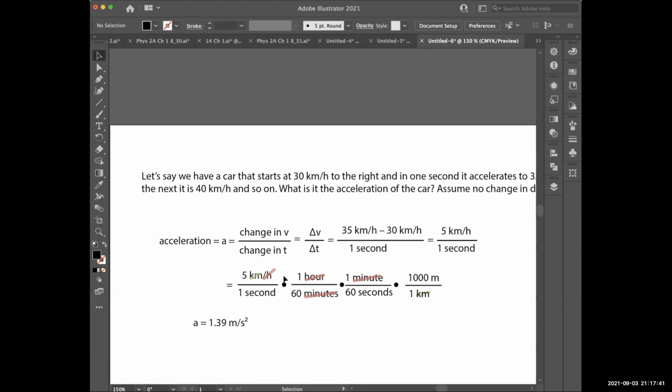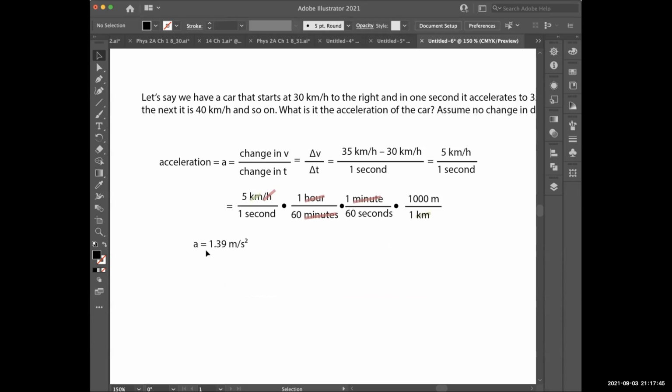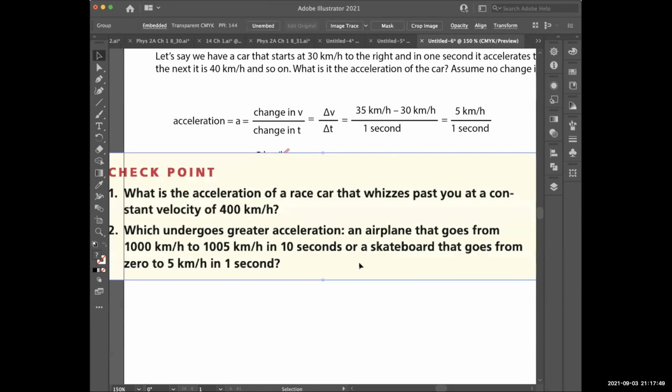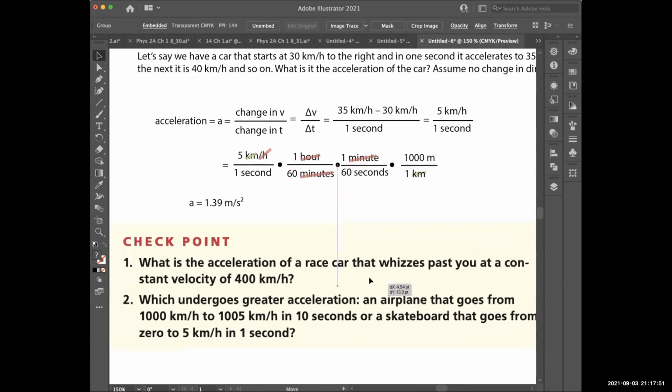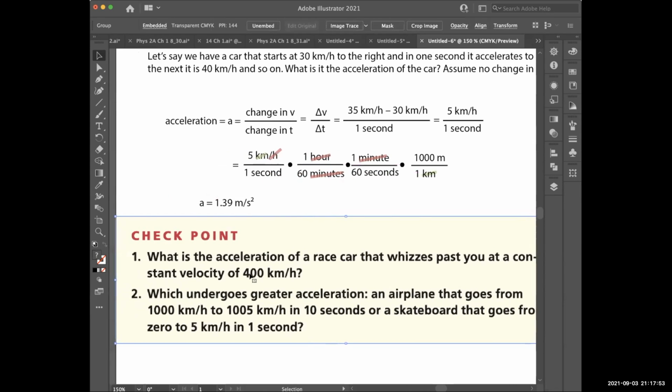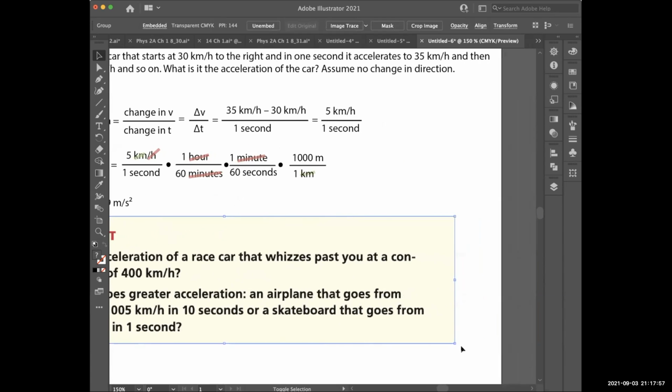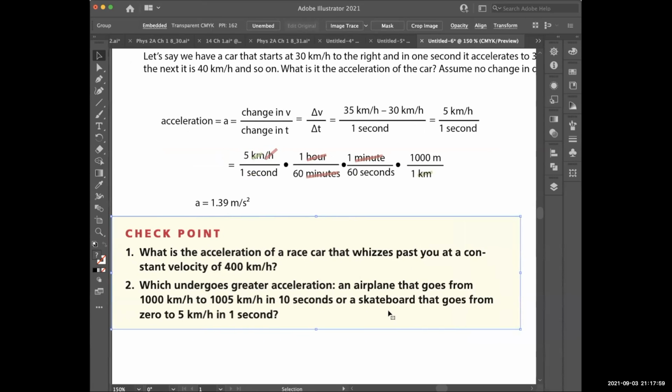So here are some questions from your textbook. What's the acceleration of a race car that whizzes past you at a constant velocity of 400 kilometers per hour? What do you guys think?